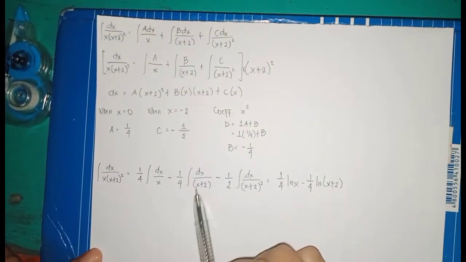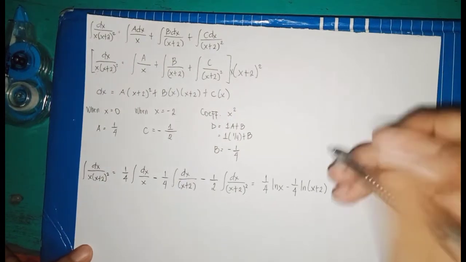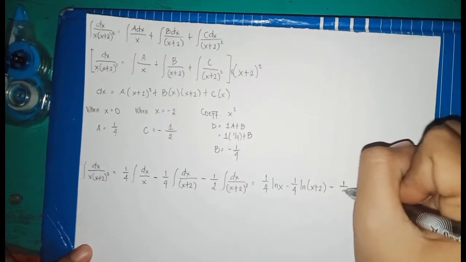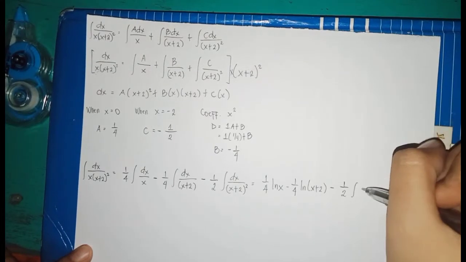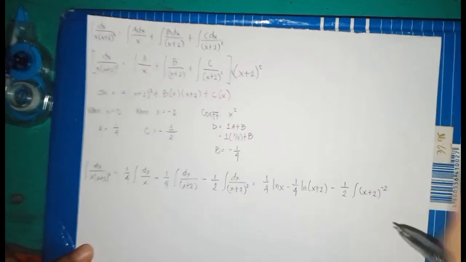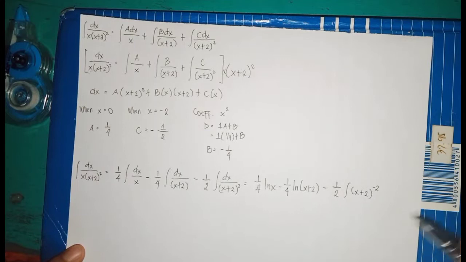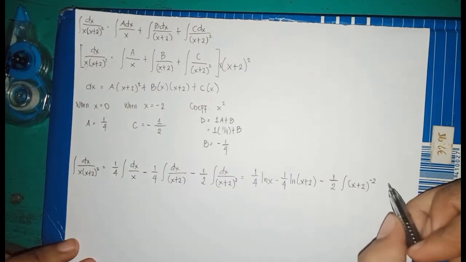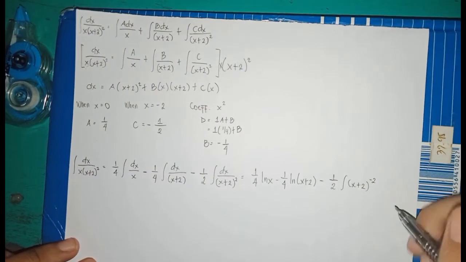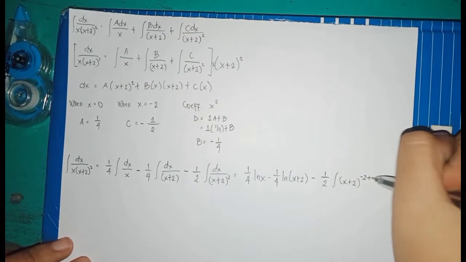We have 1 over x plus 2 from the denominator of the second term, minus 1/2 integration of x plus 2 to the negative 2. So in this case, we need to use the general power formula, so our exponent will be minus 1, or we add plus 1.